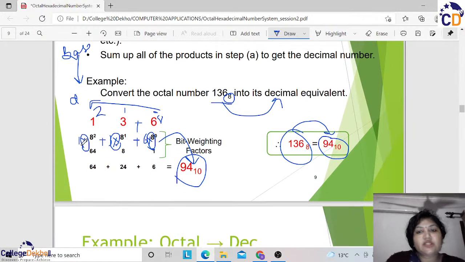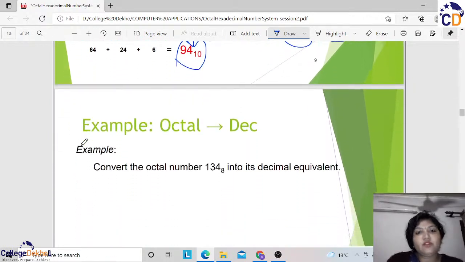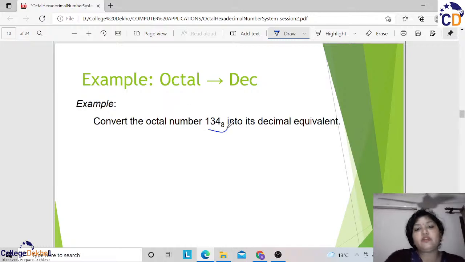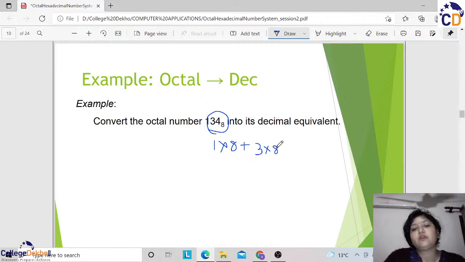Let us take more examples. This is the next example. Now, how to convert it? It is very easy. Let me tell you: 3 into 8 to the power, then plus 4 into 8 to the power.